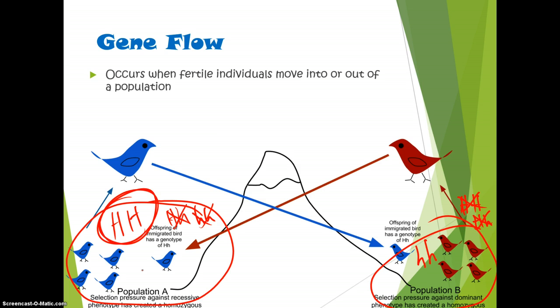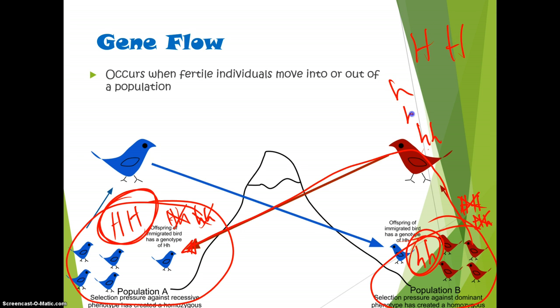This is just a very simple explanation. Somehow one of these birds is able to leave population B and get over to population A. So this bird's genotype is going to be little h, little h, because that's what we're going to find in population B. What happens when this little h mates with a big H, big H?